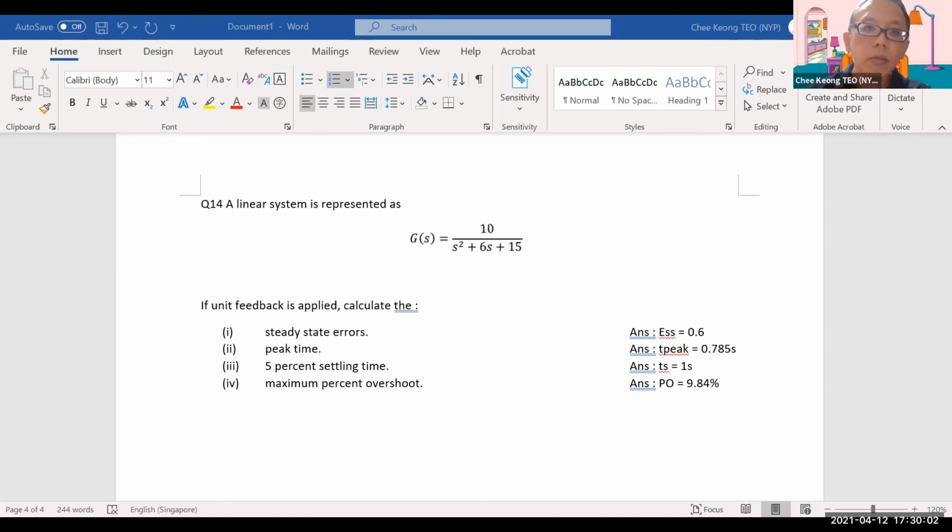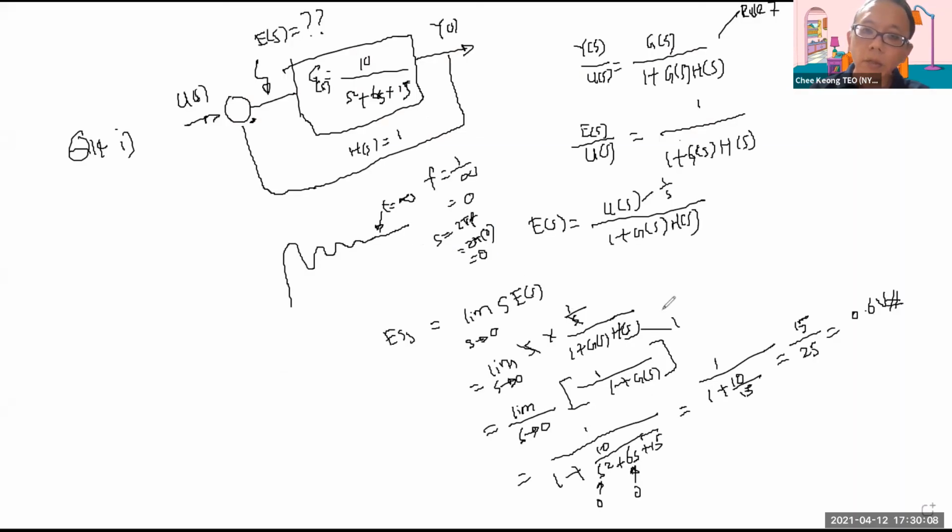The closed loop transfer function is given by G over 1 plus GH. If you compare the denominator with your generic equation, you will be able to find zeta and omega n.